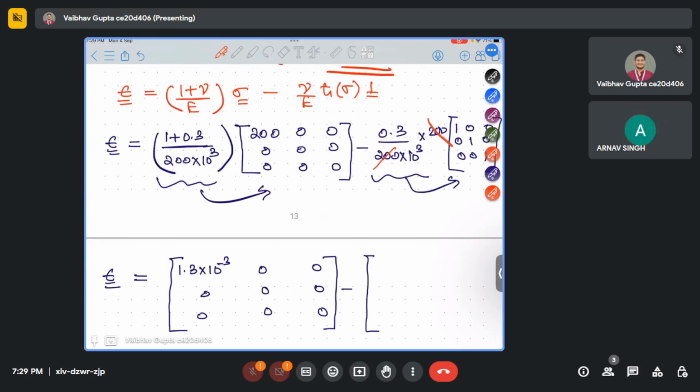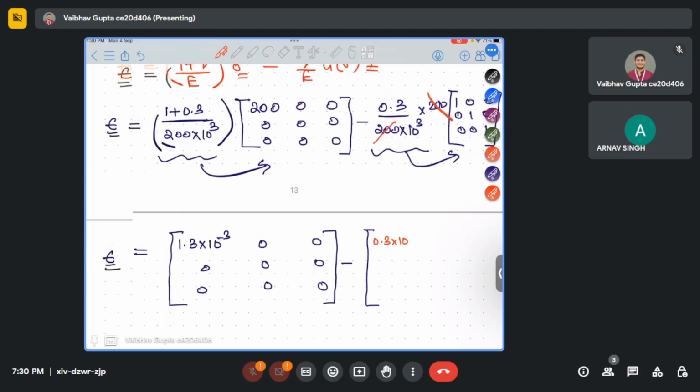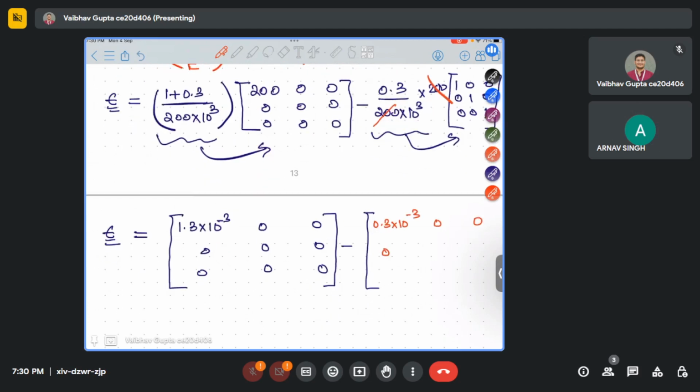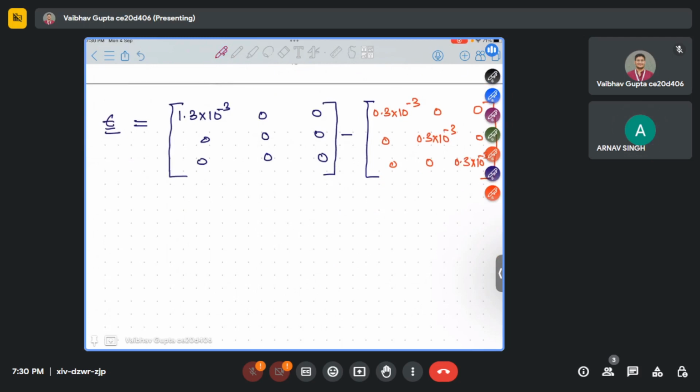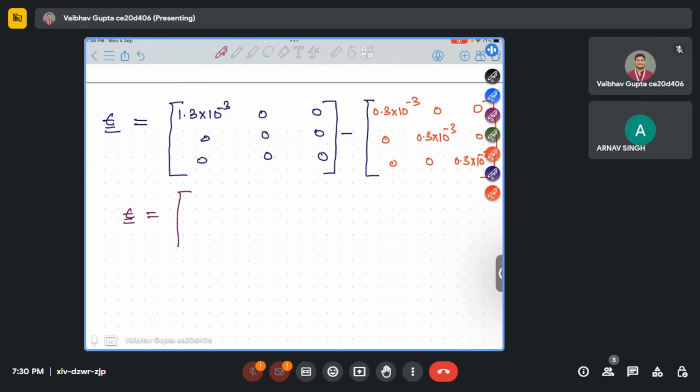So what is left? 0.3 into 10 to the power minus 3 on the diagonal, with zeros elsewhere. Got it? Good. Finally, the strain matrix, just subtract, will be 10 to the power minus 3 times the matrix with 1 in the first diagonal entry and minus 0.3 in the other two diagonal entries, with zeros elsewhere. This is the strain matrix you got.